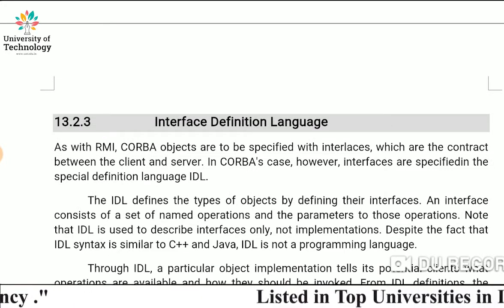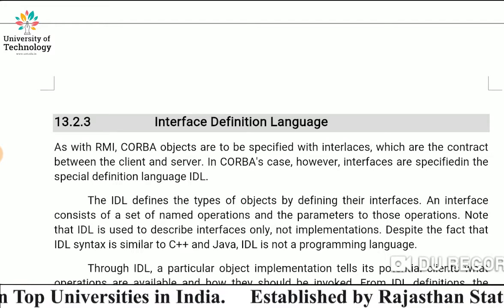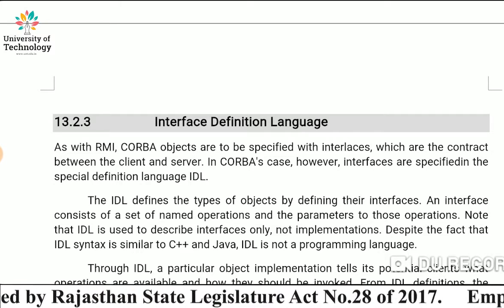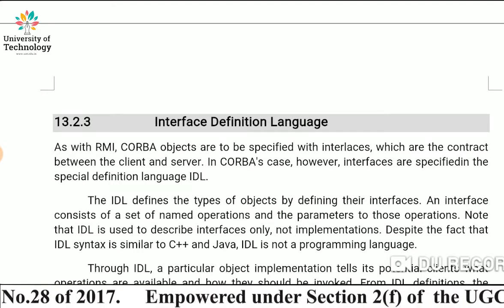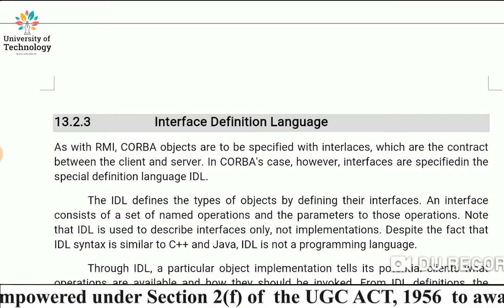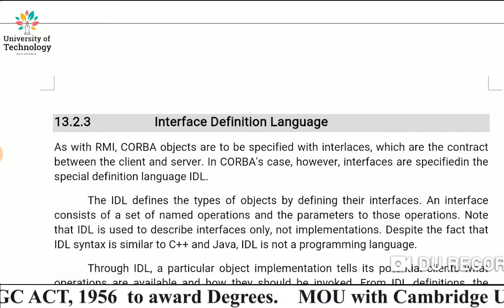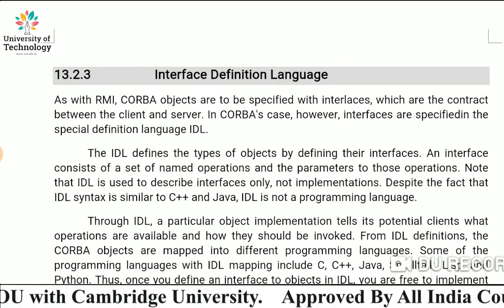The IDL defines the types of objects by defining their interfaces. An interface consists of a set of named operations and parameters to those operations. Note that IDL is used to describe interfaces only, not implementations. Despite the fact that IDL syntax is similar to C++ and Java, IDL is not a programming language.